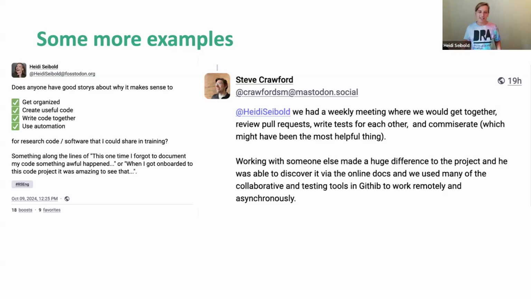And so he writes about this wonderful experience with this other person where they started having weekly meetings and working through the code together, writing tests for each other and all that kind of stuff. So it was really a wonderful example of how writing code together can make the software better and also make the experience of creating code a lot better.